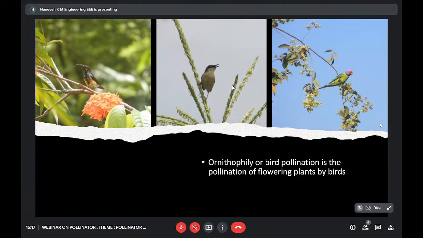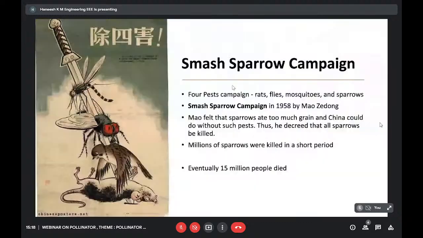While they are looking for nectar, they will be taking some pollen grains with them, which helps in propagating that pollen and getting better, diverse genes of that particular plant.